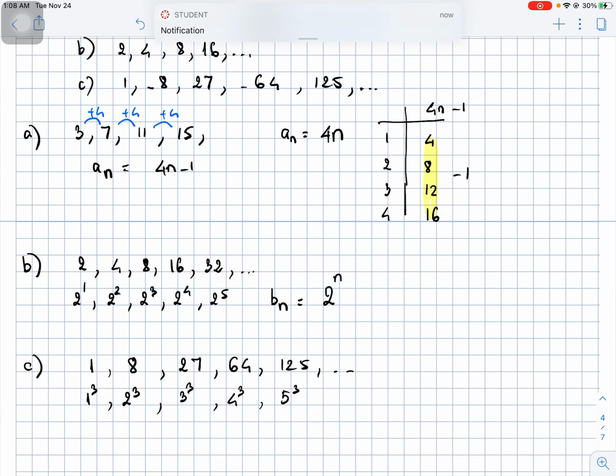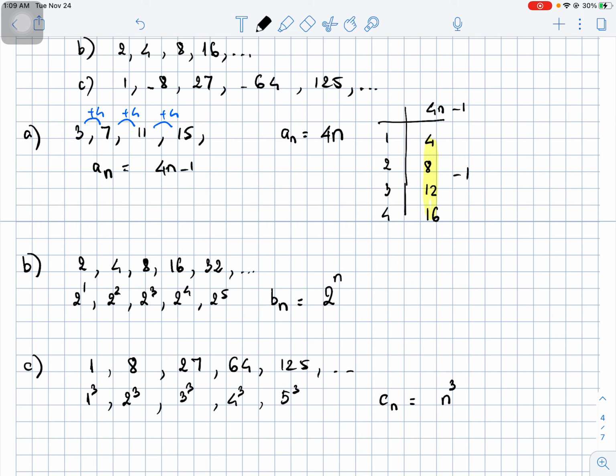So we got cubes, the exponent is 3, the same thing, but the base is changing. So the formula has to be, we're going to name it c_n, okay? The base is the variable because it's changing. So we're going to call it n and then to the third power.